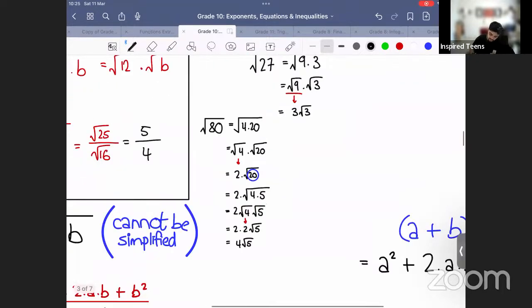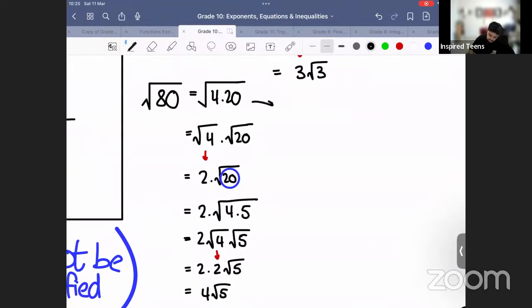However, if instead of 4 times 20, I had just used 16 times 5, I would have gotten square root 16 times square root 5, which is equal to 4 square root 5, since square root 16 is 4.